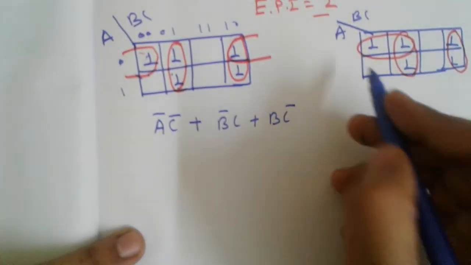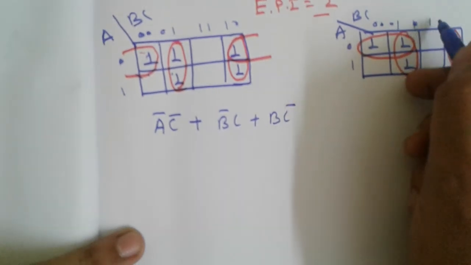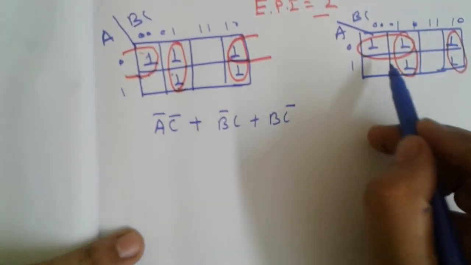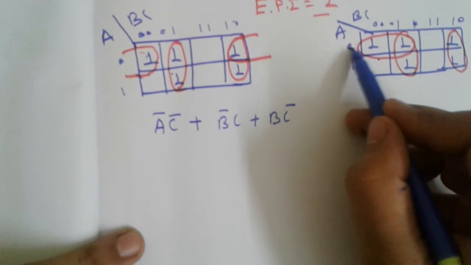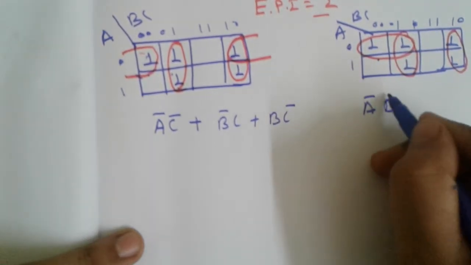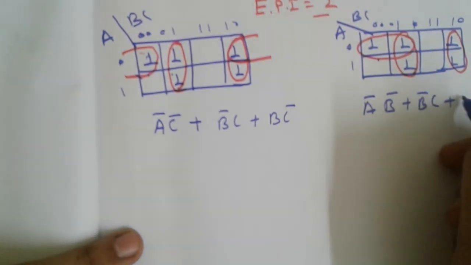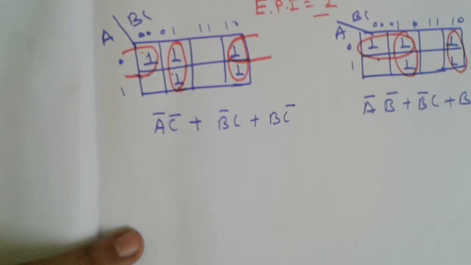For this equation, for this we have a bar b bar. For this b bar c, and for this b c bar.